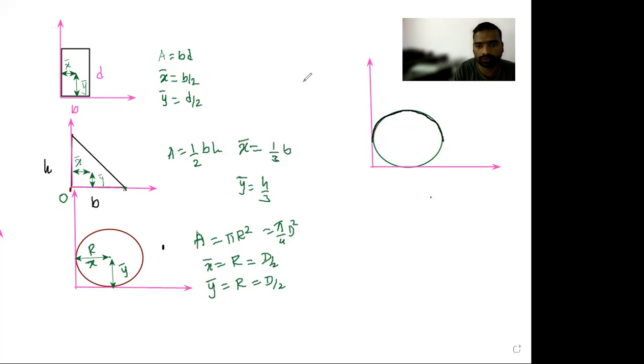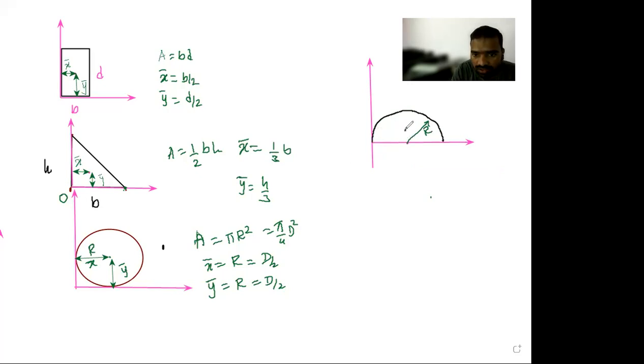Okay, think that this is a semicircle. Its radius will be R. Radius of this semicircle is R. Next, where will be its centroid?